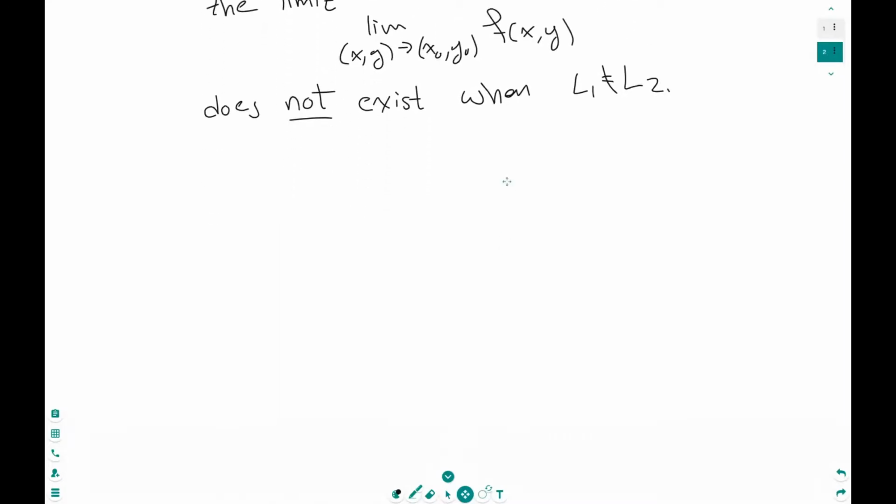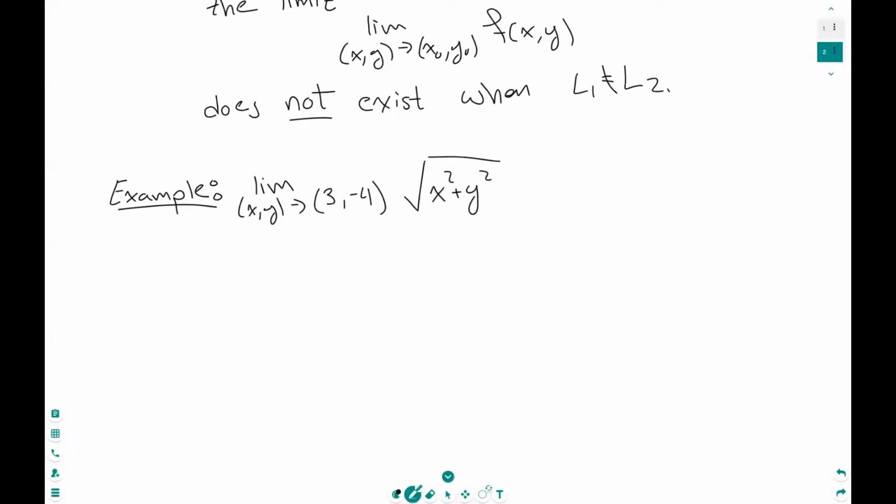Okay, so let's look at some examples. Let's look at the limit as x and y go to the point 3, -4 of the function the square root of x squared plus y squared.